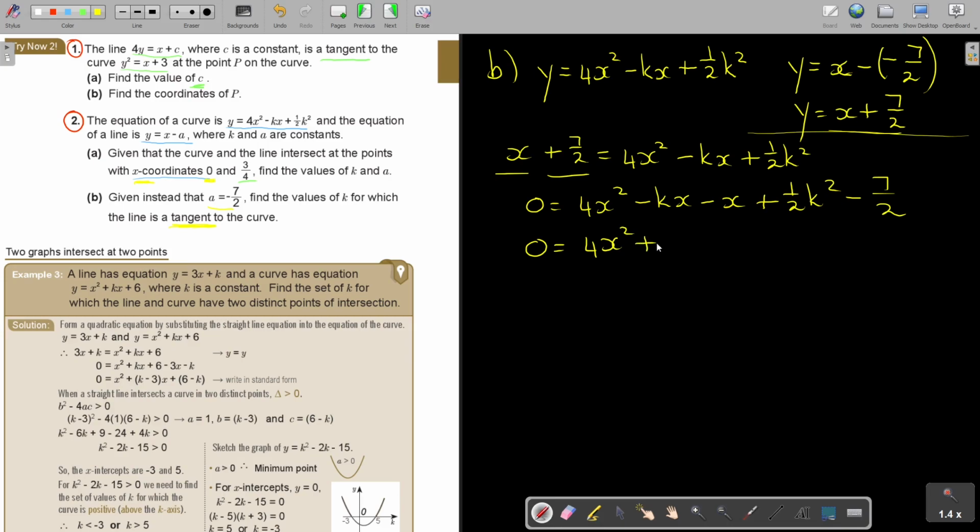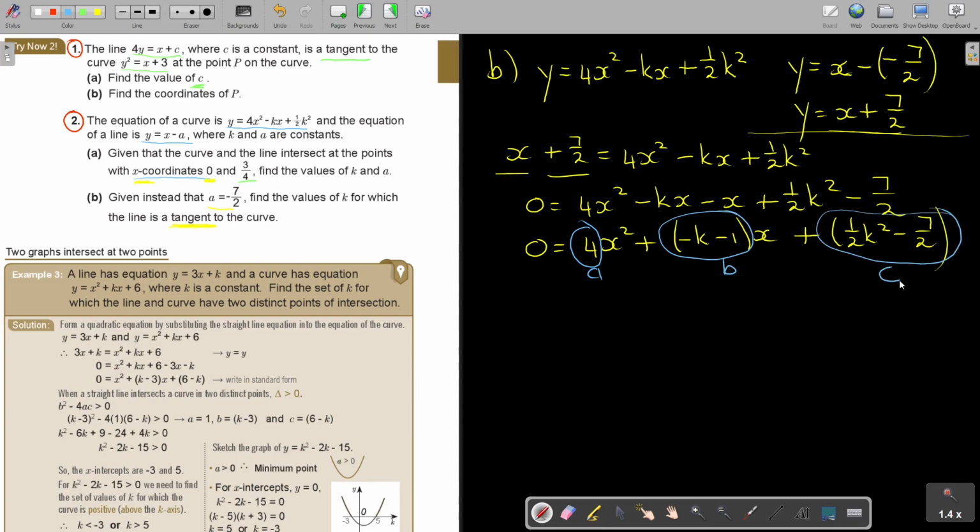I like the plus, and I put the negative rather in. I take x out as a common factor. And this is my value of c. The nice thing is I'm familiar with some of the values already. Okay, so now this is going to be my A, this is going to be my B, and this is going to be my C.